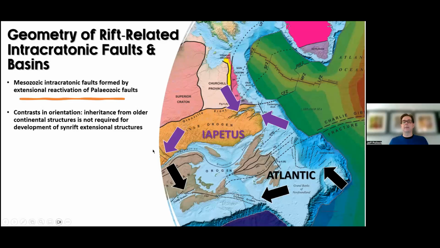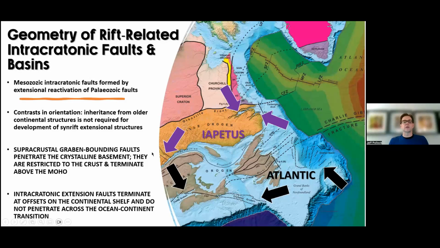When we look at Iapetus rift structures, the Lake Melville and the Sandwich Bay Grabens, they're at a high angle to other Iapetus rift structures, the Saguenay Basin and the Ottawa Basin. So in all of these features, we see that these faults do not penetrate the entire crust in the third dimension, and they do not extend past the ocean-continent transition. So they are rift features that are held in the crust and the crust only.